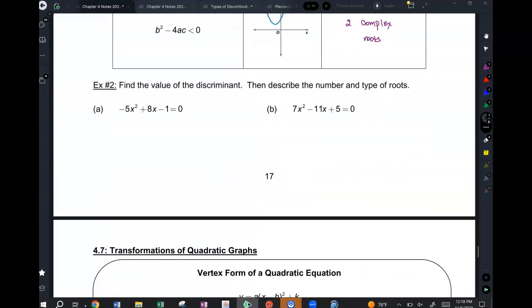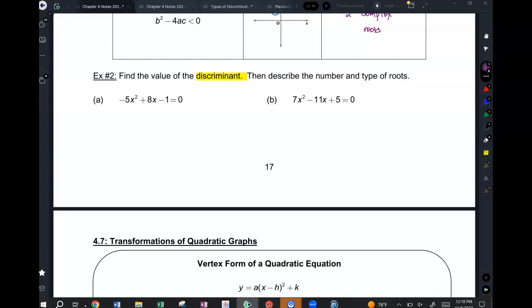Okay, so here it says to find the value of the discriminant, right? And there is not a symbol for discriminant, so we're just going to find it. So the discriminant is b squared minus 4ac. This is going to be 64 minus 4 times a times c. And that will be 64 minus 20, 44. So that's the discriminant.